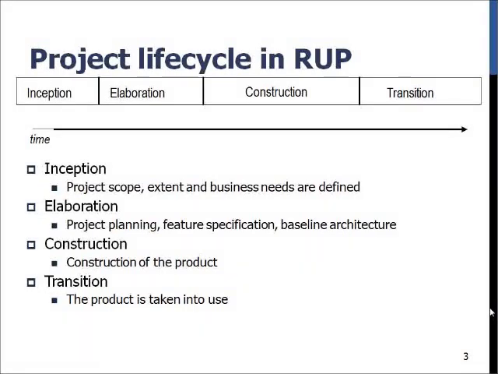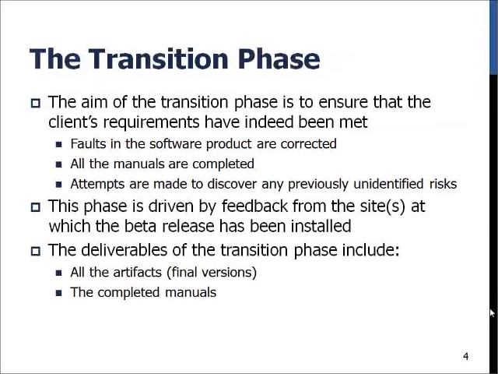So finalize everything and ensure that it fulfills the requirements and the needs and is actually something that we wanted to do. So basically, the aim of the transition phase is to ensure that the client's requirements have indeed been met, or that the customers are actually enjoying the product, or that the customers' full expectations are fulfilled.